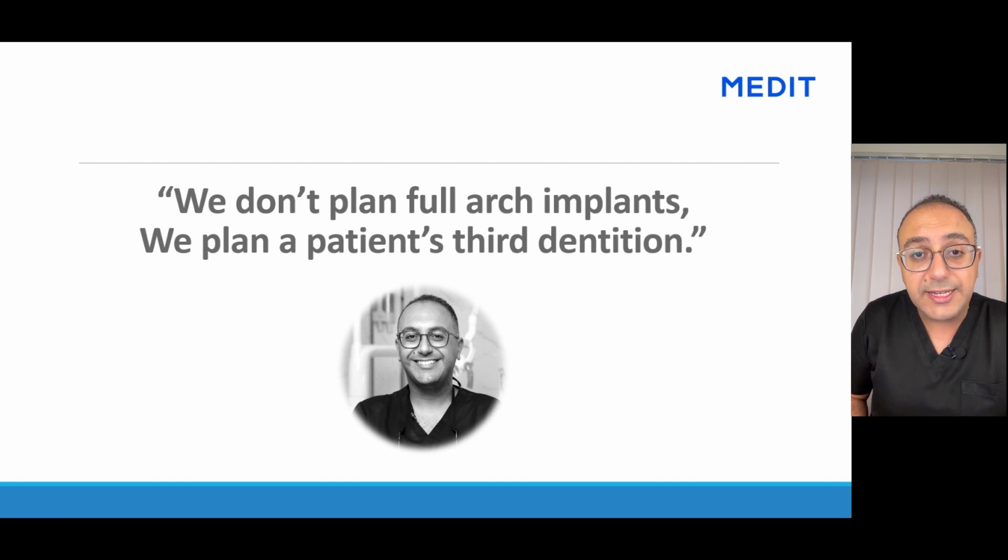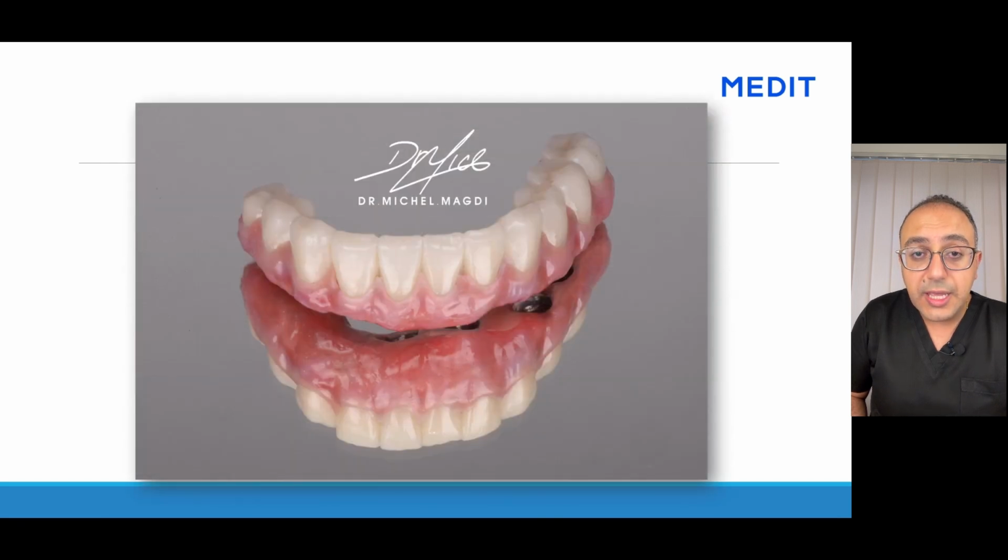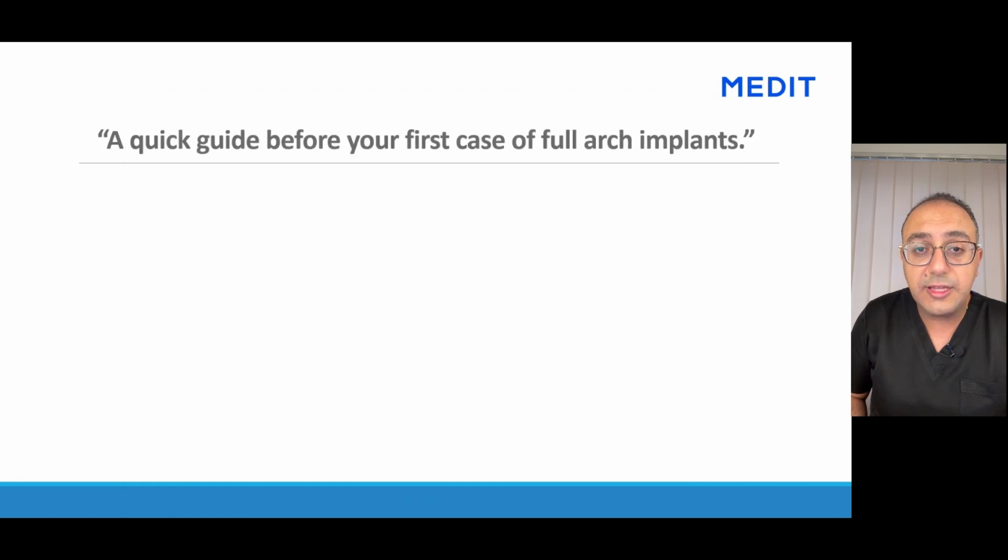And that's a big deal. You have to think of the patient's third dentition, the last dentition. He had his primary when he was a child, he has his secondary dentition as an adult, and now you are giving him the third and the last one. So you have to think of the dentition, not of the implants you are going to place. This is what we think about, the final teeth, the final dentition that we are going to place.